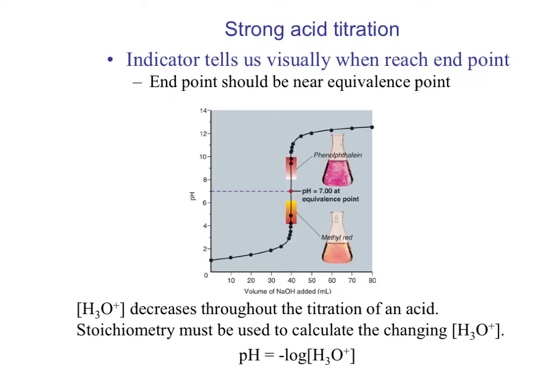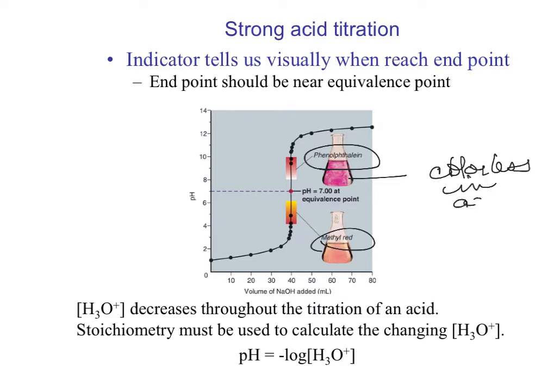In this case, they're showing the example of either phenolphthalein or methyl red. Phenolphthalein, for example, will be colorless as long as there are acidic conditions, and then it turns pink as soon as it gets basic. So as soon as you pass a pH of 7, that bugger's going to light up pink.